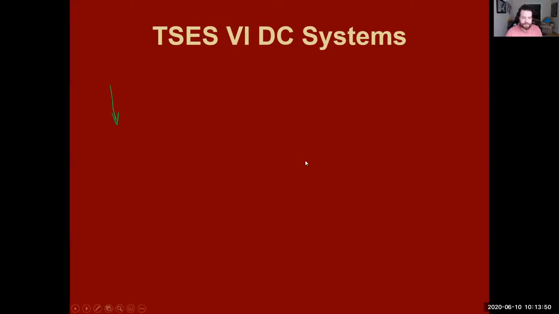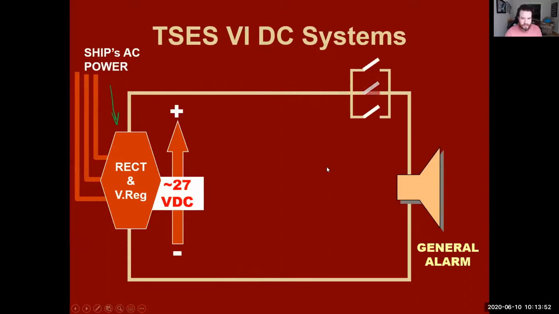Okay. So let's take a look at what we have here. We have AC power going into a rectifier, and we have DC voltage on this side of it. We have three switches, each one of those is the symbol for a switch, and we have our general alarm.